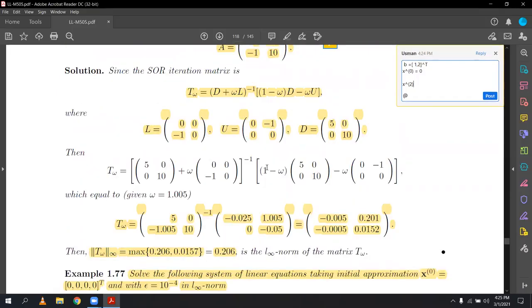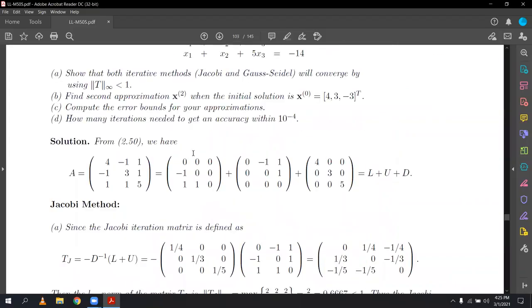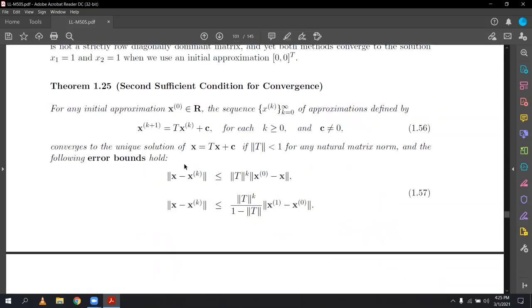And also, one time I gave a question in the exam. You remember I gave you the error bound formula of the iteration matrix. Which example did I give it in? I just forget now. This is the error bound formula for the iterative methods. The only difference is T. So I can ask in the exam to find the error bound for the case of the SOR method.